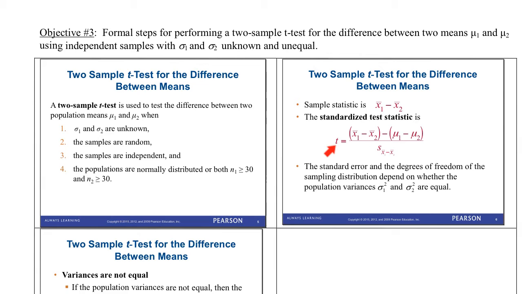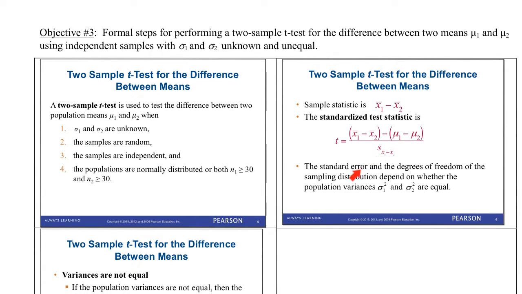When we calculate a t-score, we get something known as a test statistic by taking the observed difference in the sample means minus the hypothesized difference for the two population parameters over what we call the standard error of that statistic. Now in my AP Stat class, we spend a lot more time talking about the math behind this, but for you guys, this denominator is just going to be an equation that you plug values into.